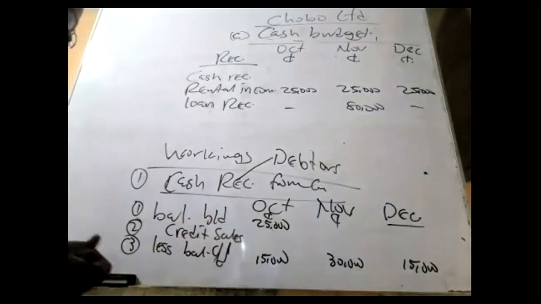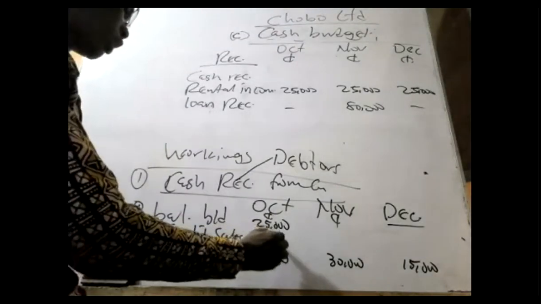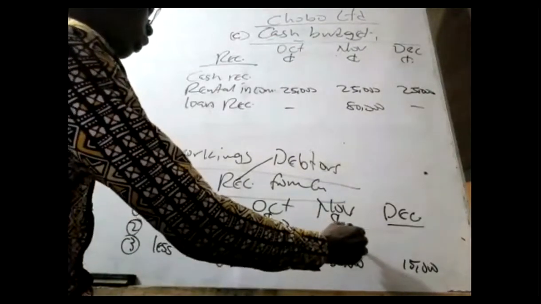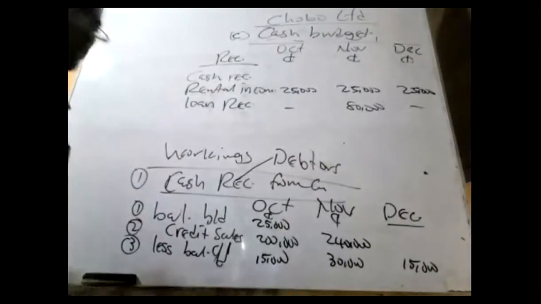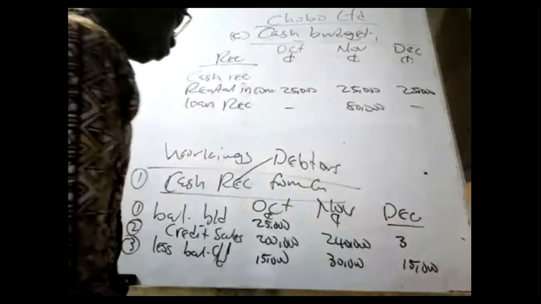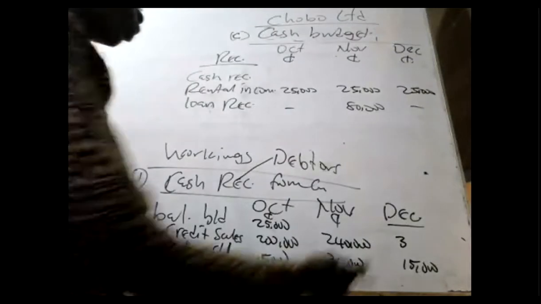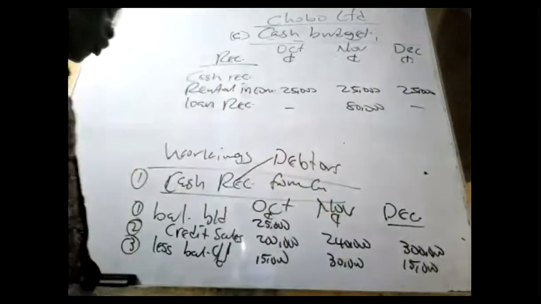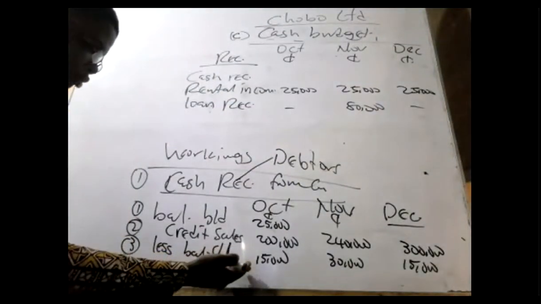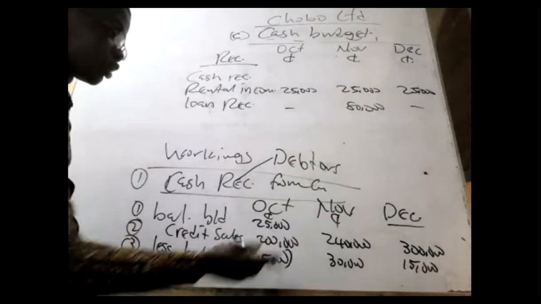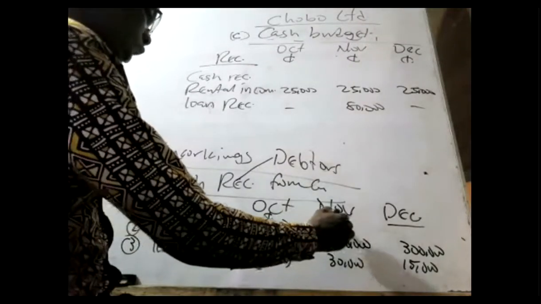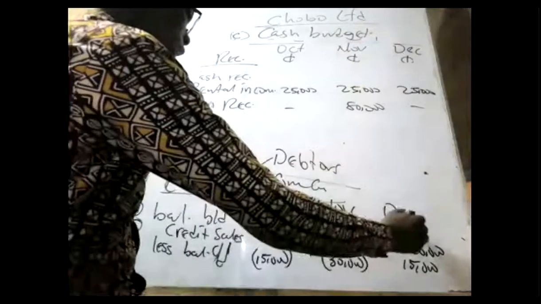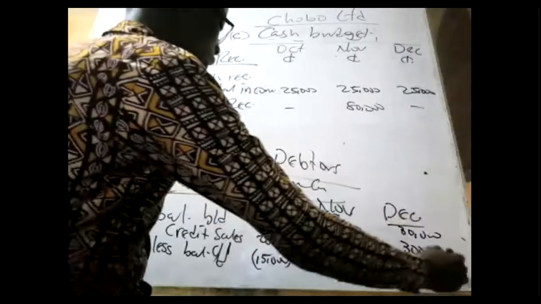Now, let's record the sales. Sales was 200,000 here, if my memory serves me correct. Then 240, and 300,000. Now, the closing balance for October becomes the opening balance for November, so here it should be 15,000 as opening. Here it must be opening 30,000.